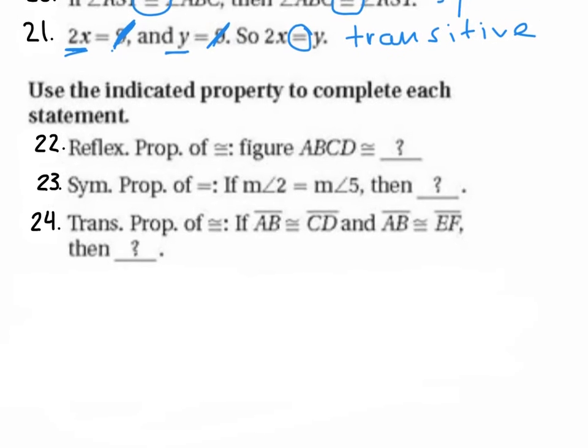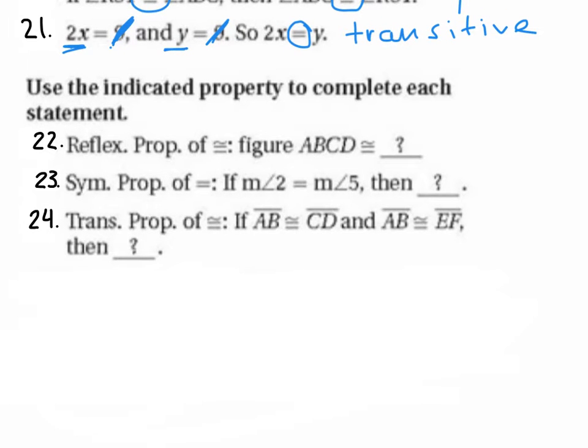So let's look at 22. It says we're going to use the reflexive property of congruence. So it says figure ABCD is congruent to figure ABCD. In reflexive property, it's just the same thing.